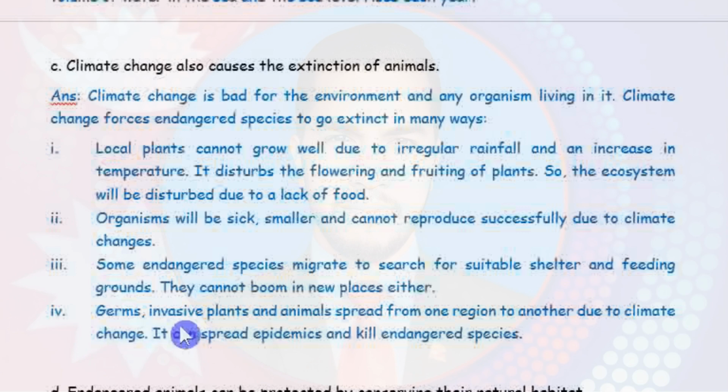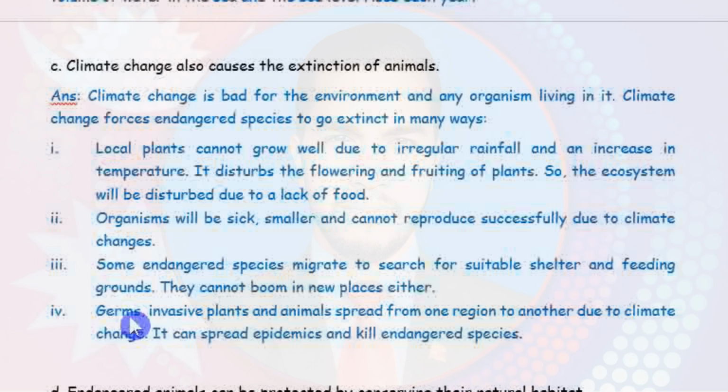Number 4, germs, invasive plants, and animals spread from one region to another due to climate change. It can spread epidemics and kill endangered species. Dear students and teachers, we know that the mosquitoes previously, when I was in Kathmandu about 25 years ago, at that time there were no mosquitoes in Kathmandu.